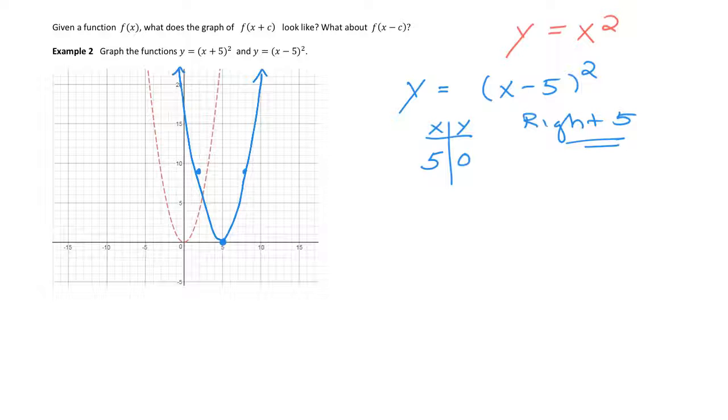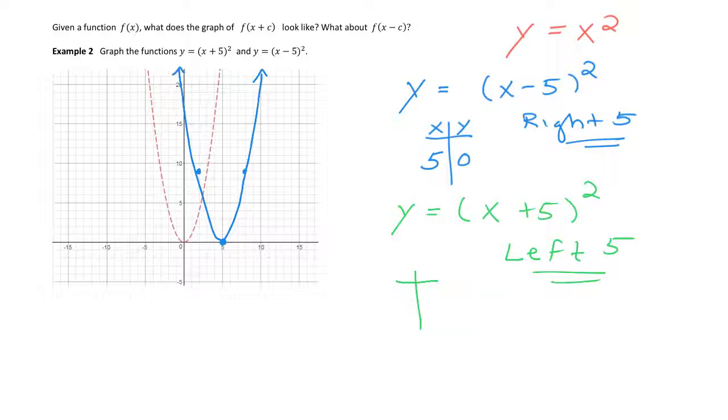Now, if we compare this to y equals (x plus 5) squared, again, you might think adding it's going to make it go 5 places to the right, but this is going to be opposite too. This is in fact going to go left 5 places. And on a table, again, I'm just going to focus on one particular value, and that is going to be negative 5 for x.